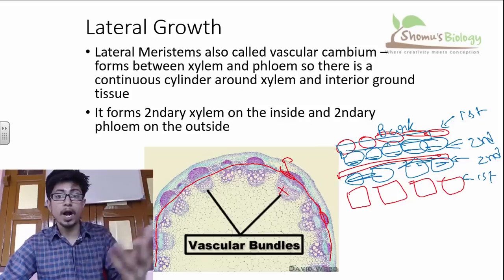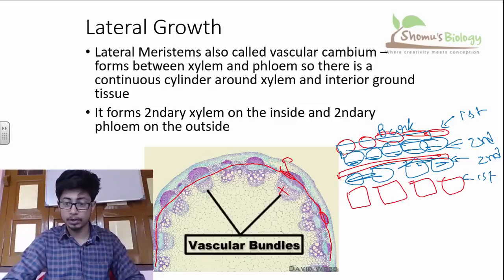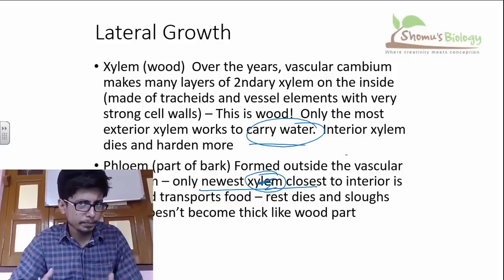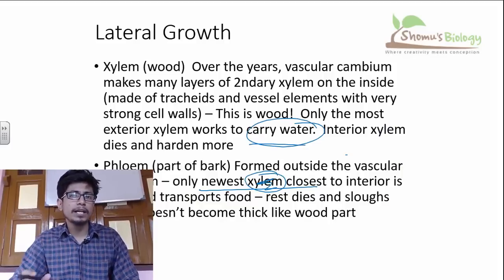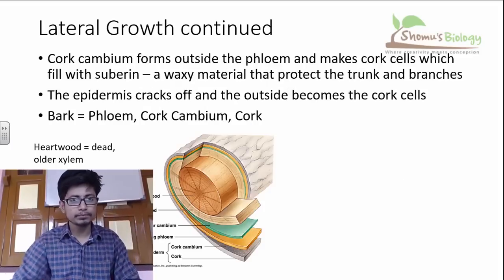So phloem becomes bark, and xylem becomes a part of wood during the lateral growth. If you want to know more about lateral growth and the mechanism behind it, you may watch my lateral growth video, and the link is provided in the description below.